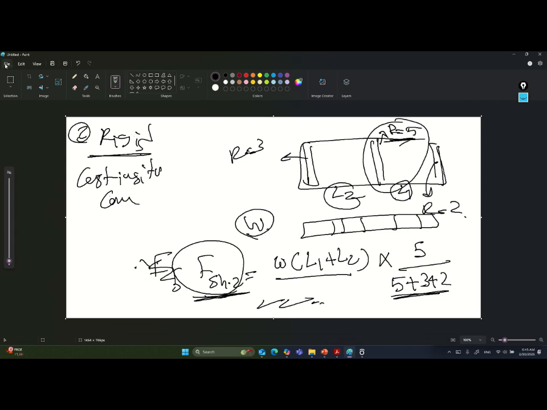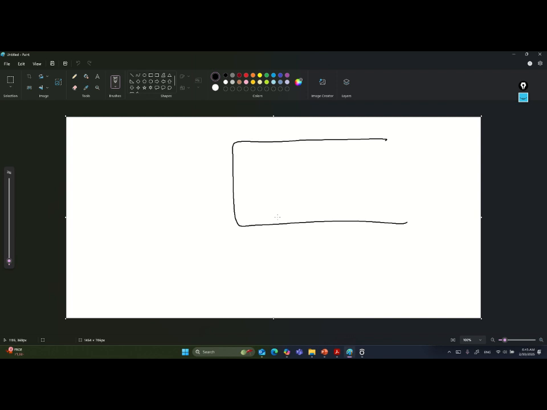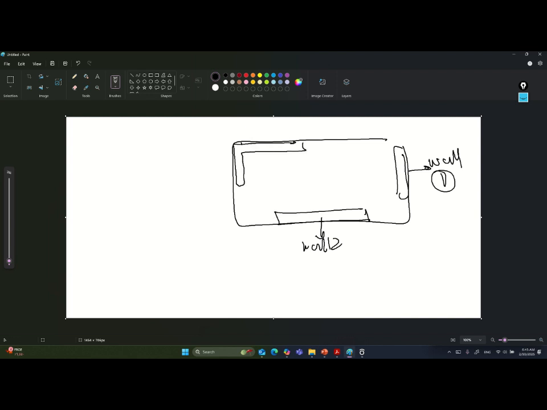So if I have something like this, this is my wall 1, you have a wall 2, maybe you will have a wall 3, and that is maybe another wall.